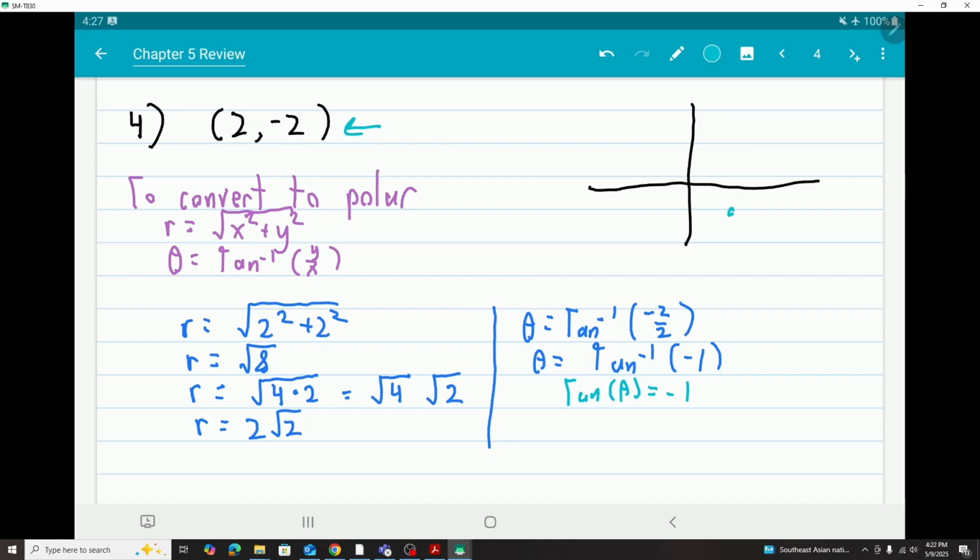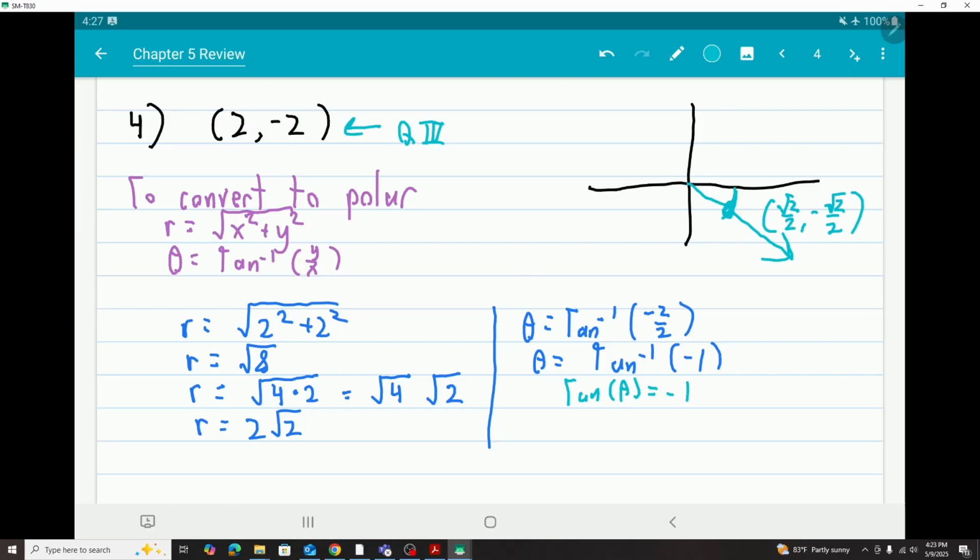But we can actually figure this out via the point we were given. 2 comma minus 2 is down here. So this is in quadrant 4. And so that's going to help me find the right angle. Because in particular, when I peg my point on the unit circle, they need to have the same value but with opposite signs. And so if we look on the unit circle where that happens, we get root 2 over 2, minus root 2 over 2.